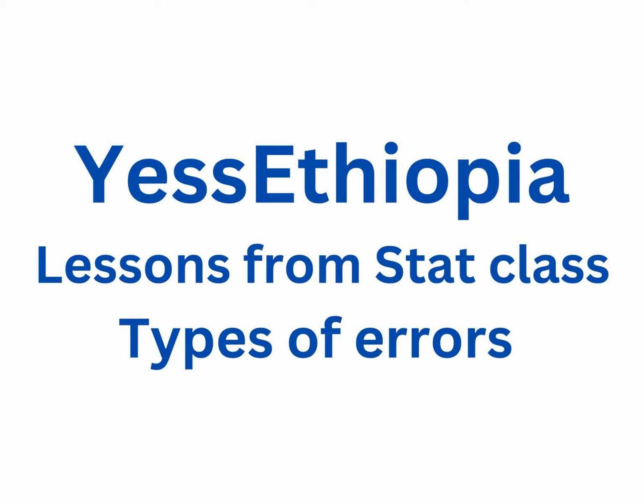Type 3. A misspecification. There's something there. We found something, not the same something. This is the boy who cried wolf while he was about to be eaten by a bear.